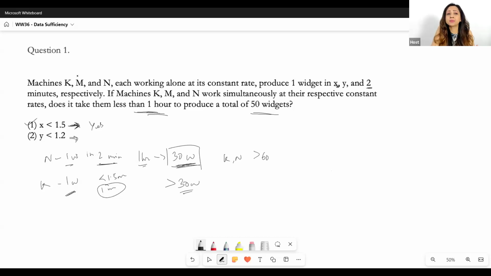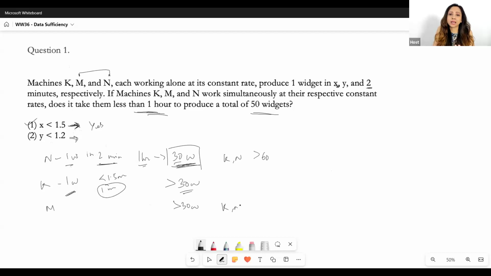But now I'm comparing my M with N, right? If I'm looking at statement 2 alone, I'm comparing my M with N, I'm ignoring K. N takes 2 minutes for one widget and M takes less than 1.2 minutes. So it's much faster than N. Right? So if N makes 30, then M is going to make more than 30. Definitely.